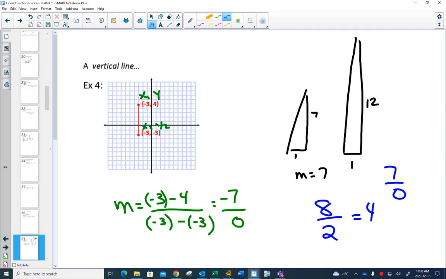How much longer should I keep adding zeros? Will I ever get to 7? No, it's impossible. So we say that for a vertical line, it's not possible, it's undefined.